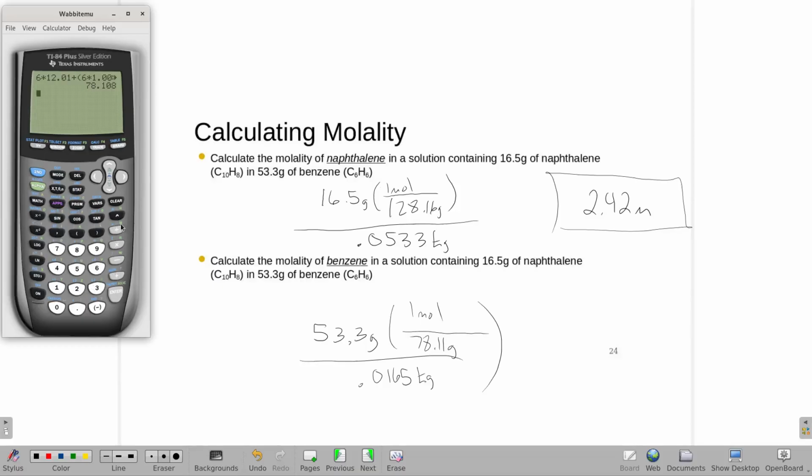Okay, calculator. 53.3 divided by 78.11 and then divided by 0.0165 gives me a molality of 41.4.